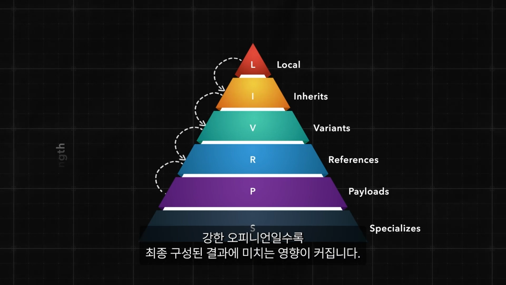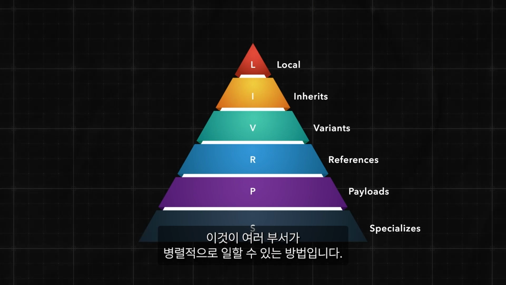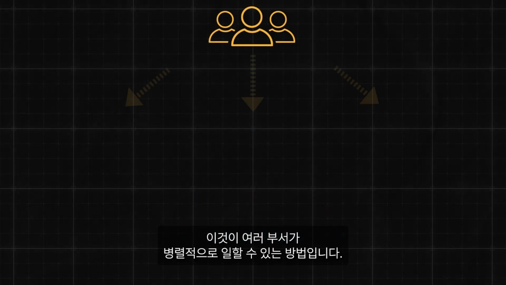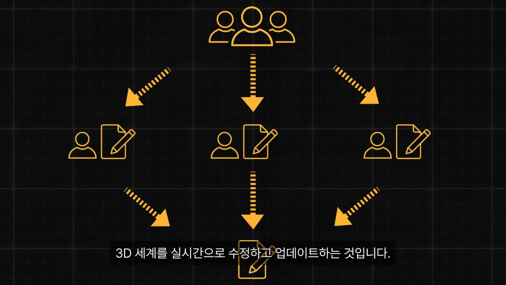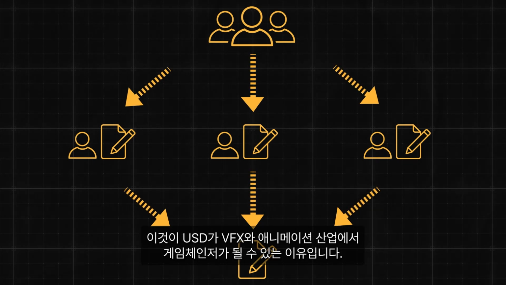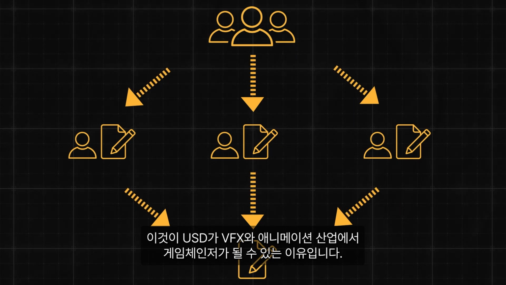The stronger an opinion, the higher its impact on the final composed result. And this is how multiple departments can work in parallel, editing and updating the 3D world in real time. This is what makes USD the game changer in the VFX and animation industry.